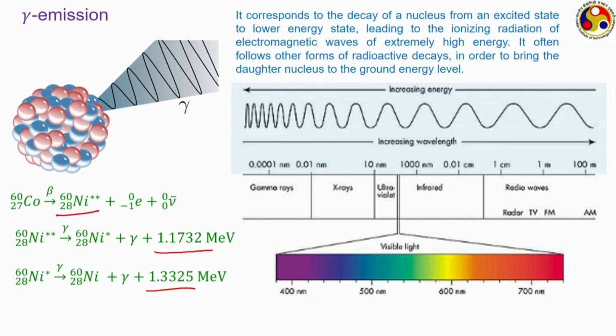It is the smallest among all of them. Like you can see here, we are talking about 0.01 nanometer and lower, where the domain of gamma rays starts. So, it is much smaller than X-rays also from a wavelength point of view. The energy of such photons is proportional to their frequency, and we can calculate that as E equal to h into nu.